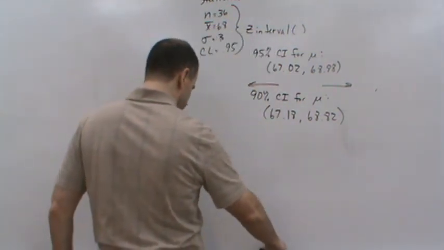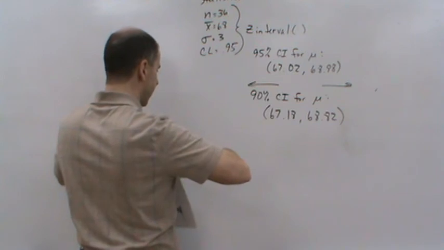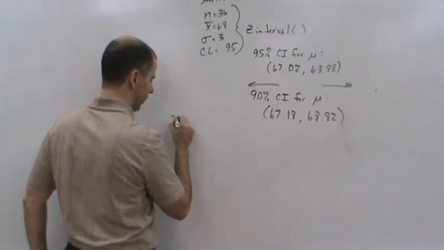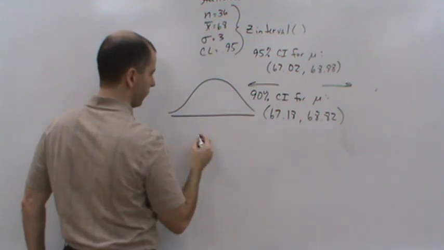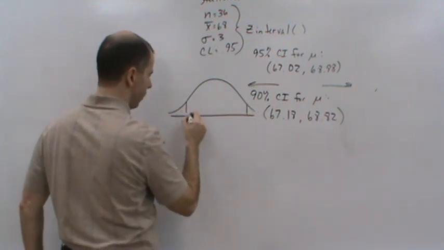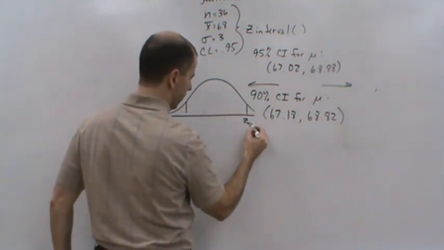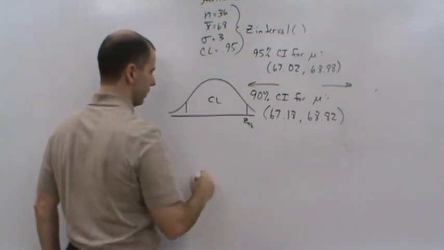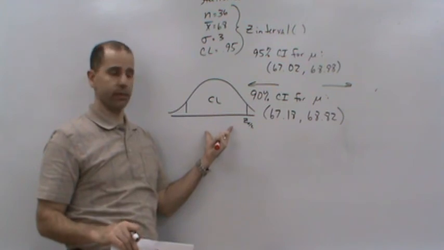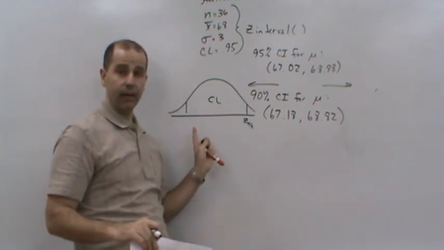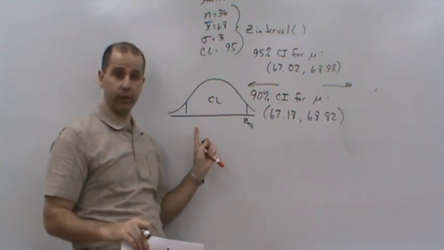So if we look at the distribution here, so here's our Z alpha divided by 2, right? Here's our confidence level, right? What happens if the confidence level increases? Well, the middle area is what? Increasing or decreasing?